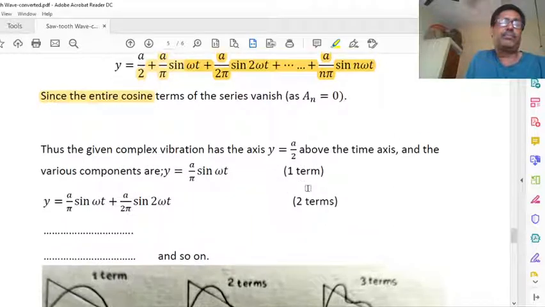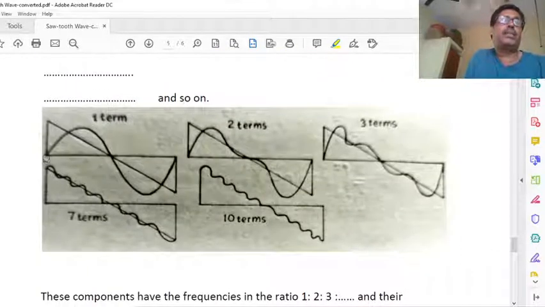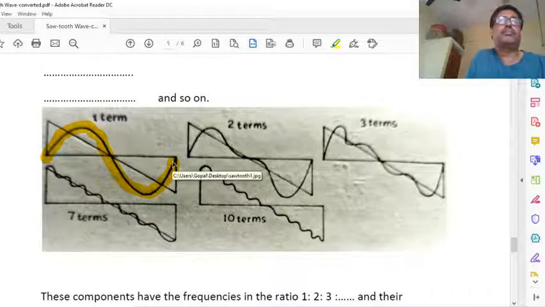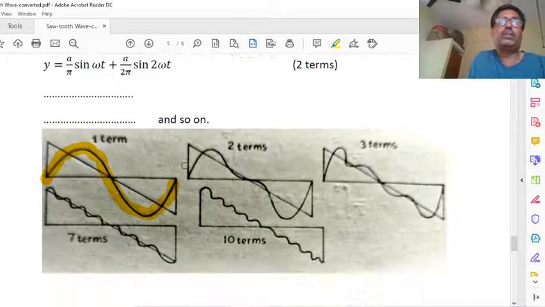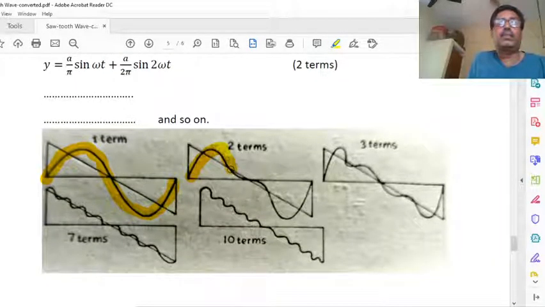After analysis, it will be like this, and this will contain two terms, a by pi sin omega t and a by 2 pi sin 2 omega t. Two terms, you can see in the figure: this is 1 and this is 2.